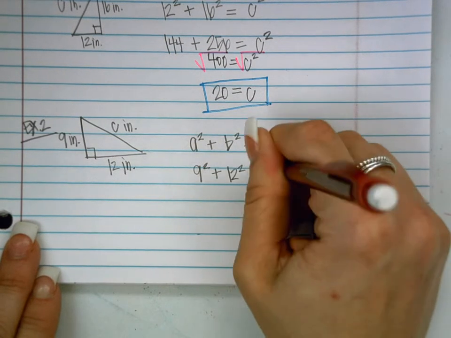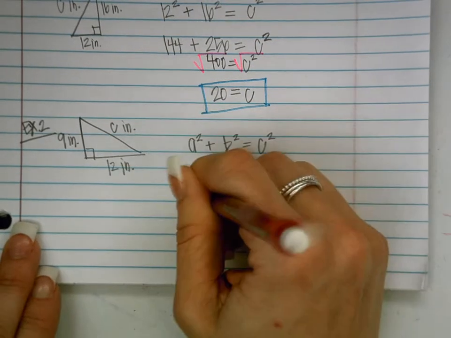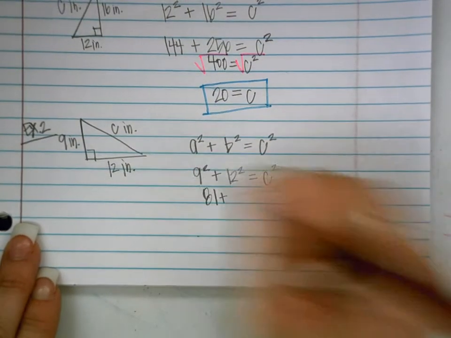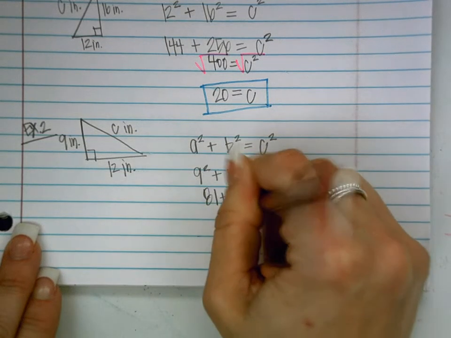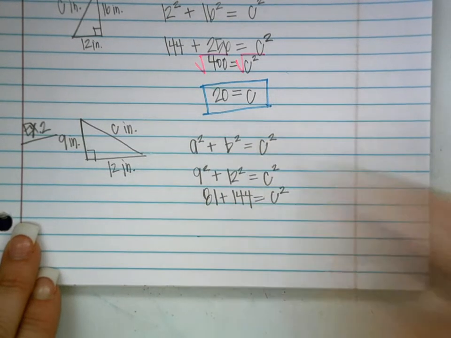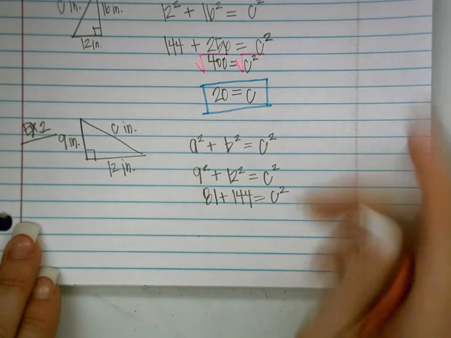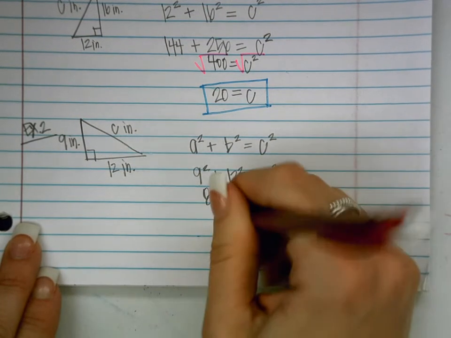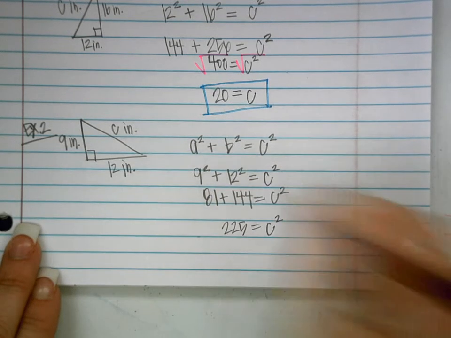C squared. Okay, what is 9 squared? 81. Plus, what's 12 squared? 144. Equals C squared. We're just plugging things in now. What is 81 plus 144? 225. Equals C squared.